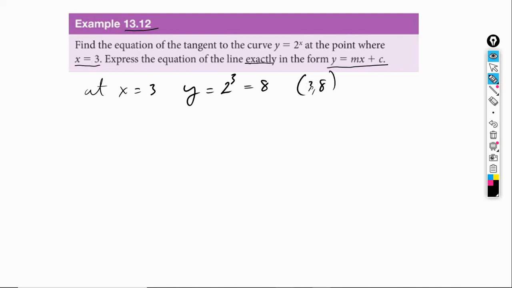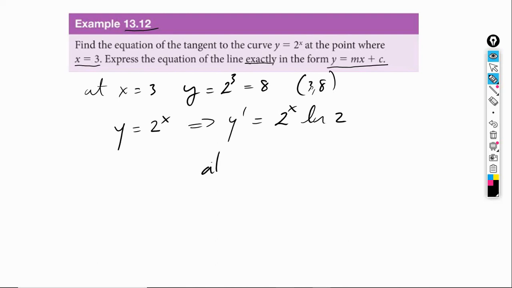Okay, so now let's find the slope at that point. If the curve is y equals 2 to the x, then from what we just did, the derivative would equal 2 to the x times natural logarithm of 2.